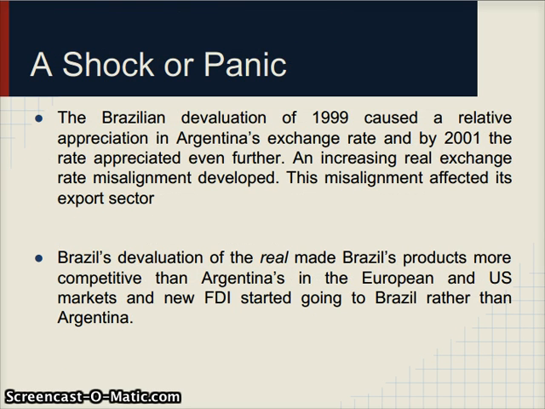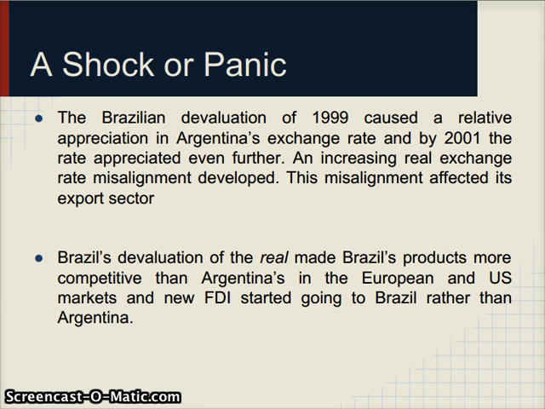And lastly, Argentina also faced a form of shock or panic, but it wasn't a domestic shock or panic. It was actually one of its largest trading partners and a big competitor in the region, Brazil, which devalued in 1999. What occurred was Brazilian exports became much more competitive than Argentine exports.